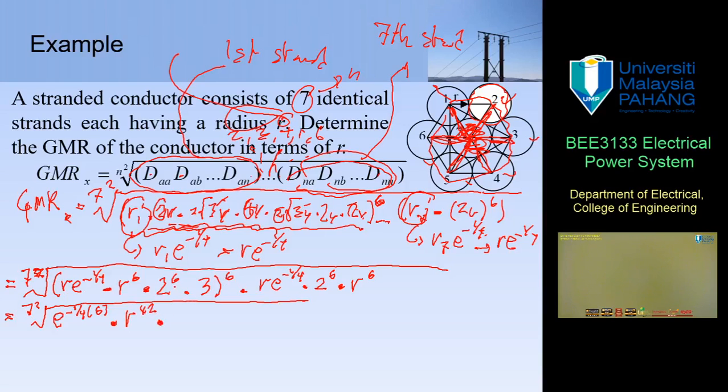And then what is next? I think I'm missing something here. 1, 2, 3, 4, 5, 6, 7. Sorry, this 2 is 7. So I just remain 2 over 6 with the power 7 here.